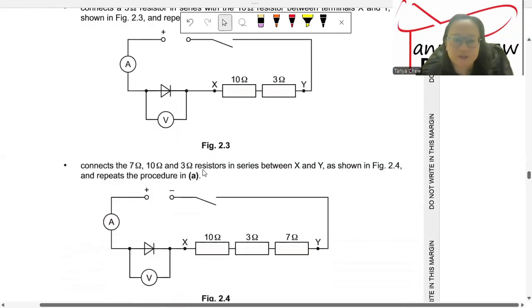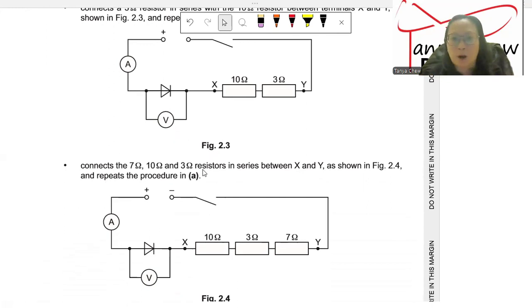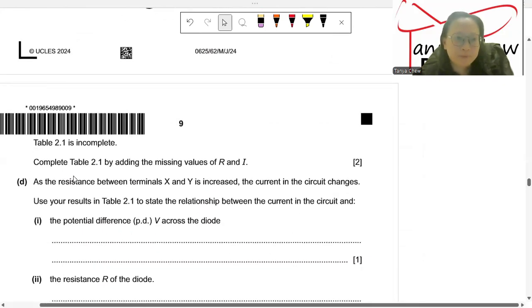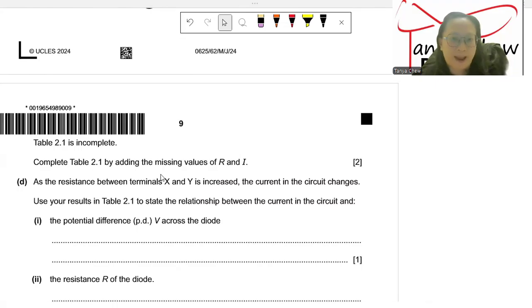Added more resistors in series between X and Y as shown in Fig 2.4 and repeats the procedure in A. And Table 2.1 is incomplete. Complete Table 2.1 by adding the missing values of R and I. I already did that.